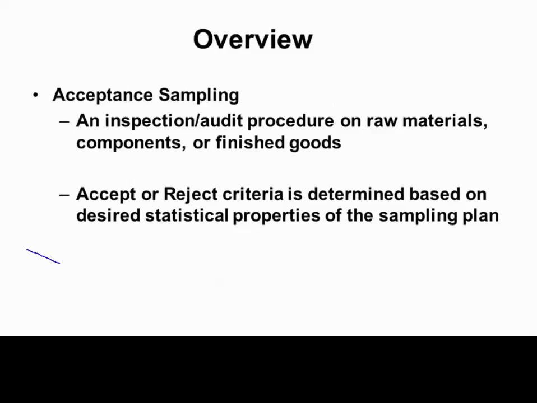Now, this could be done on incoming materials or incoming components. It could be done on outgoing finished goods at the part level or system level. So we get to define how we're going to apply sampling to what kinds of materials or products throughout the supply chain and throughout our value add steps in our own facility.